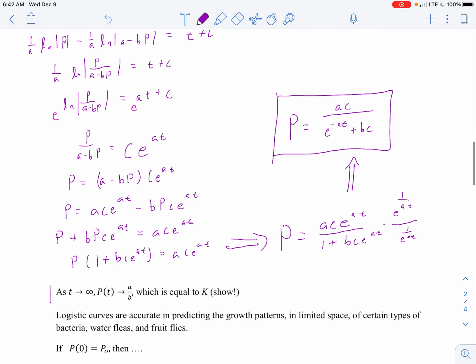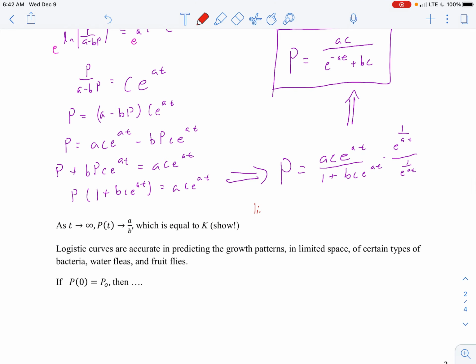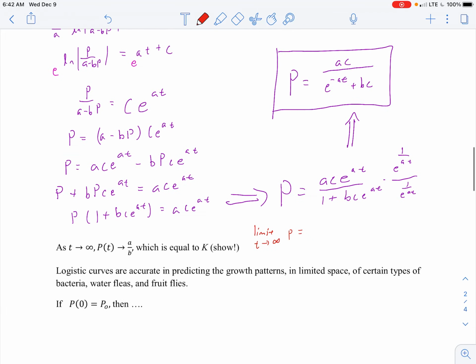So if we take our function right here that I've just boxed up, and we're taking the limit as t goes to infinity of P, all right?